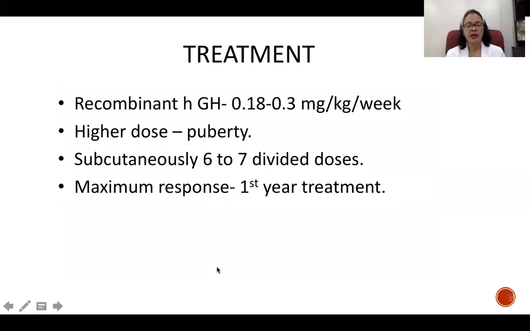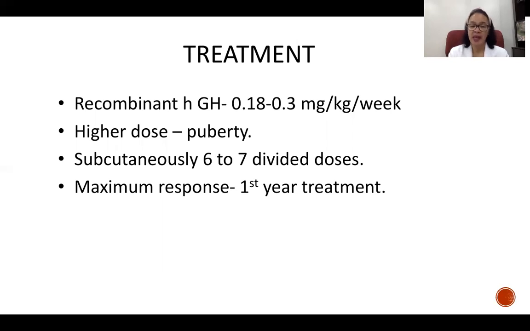Okay, so with regards to treatment of patients with hypopituitarism, medical care consists of hormone replacement, okay, and also the treatment of the underlying cause. So glucocorticoids are required if the ACTH adrenal axis is impaired.